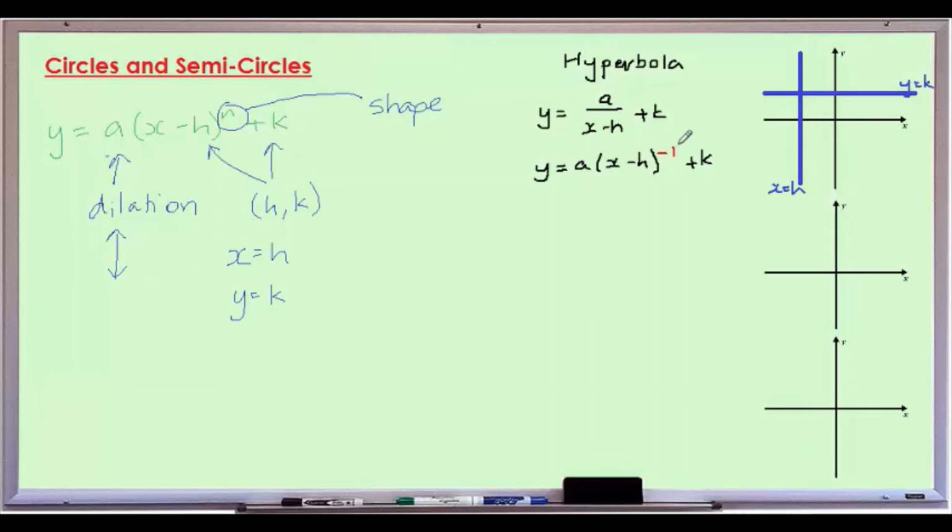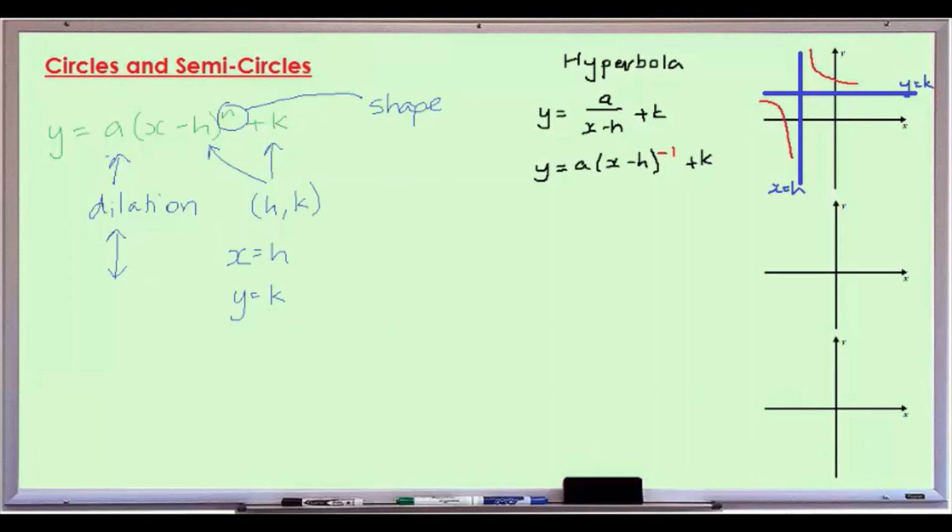My dilation factor will tell me how much I've stretched it in the up and down direction, in the vertical direction, and the -1 tells me the shape looks like that. So there is my hyperbola with standard form and my asymptotes shown in.